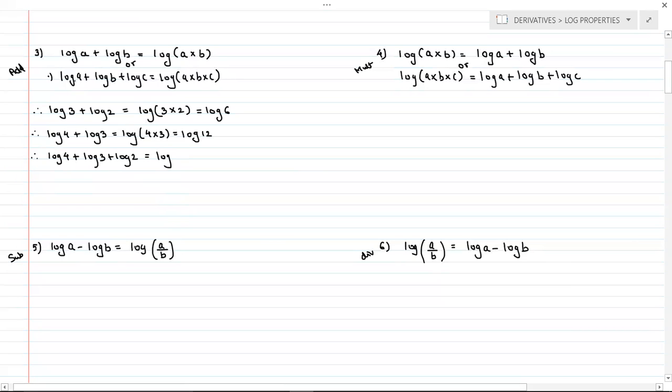Log A plus log B plus log C can be written as log A into B into C. So here we can write it as 4 into 3 into 2. So in the final step, this is log, 4 3s are 12, 12 2s are 24. So remember, whenever you have to add two logs or more than two logs and the connection is plus, it will get converted into multiplication.